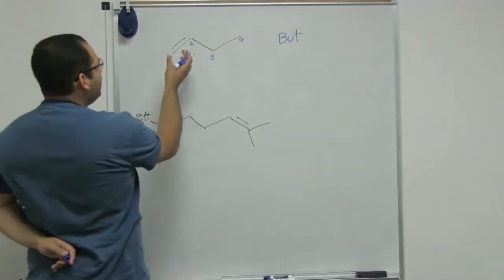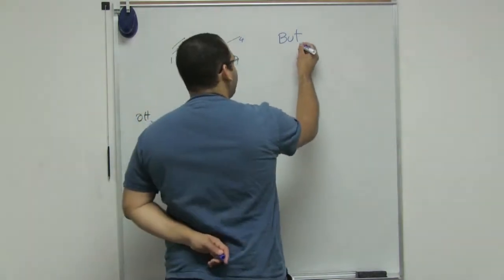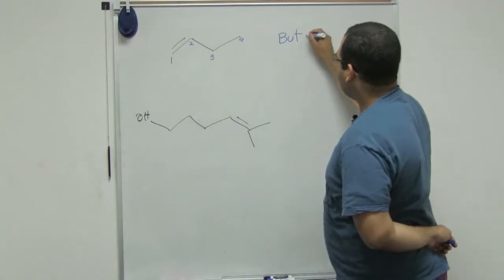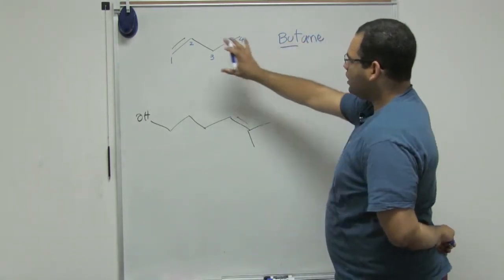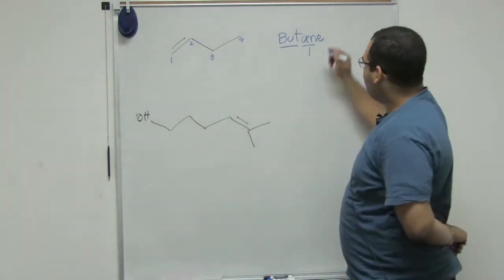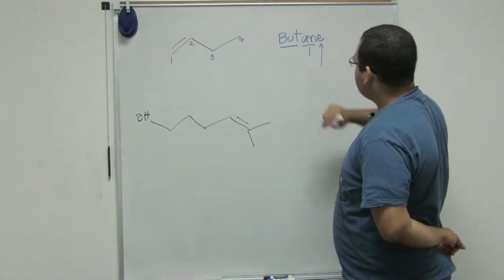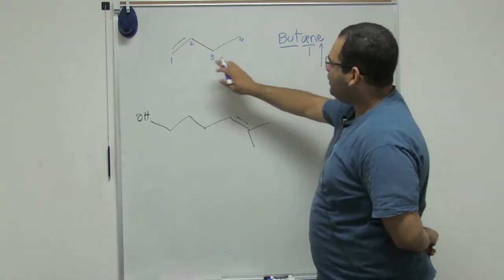And then I need to say where my double bond is being placed. So if I was naming an alkane, it would be butane, right? So but stands for 4 carbons, N meaning only single bonds, and E stands for the functional group. In this particular case, we have the same thing.